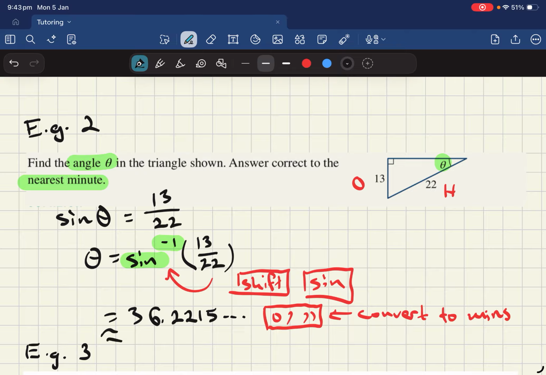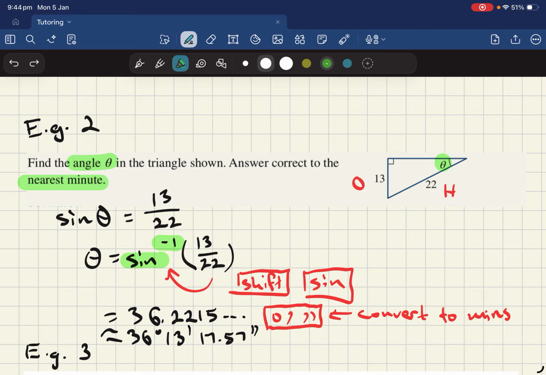This gives me, because we're rounding, approximately 36 degrees, 13 minutes, and 17.57 seconds. Now, when we round to the nearest minute, we're trying to round to the nearest one over here. Anytime we round, we look at the next thing to the right of it. That's what we do with decimals, for example. But here we're looking at the seconds.